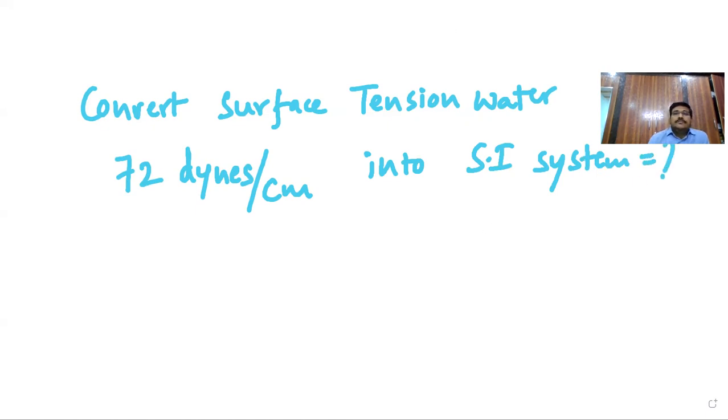This was the question. Clear? Now, he is asking us to convert 72 dynes per centimeter into the SI system.